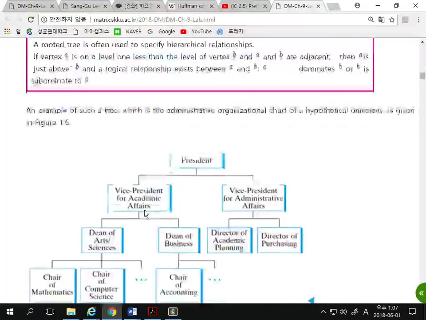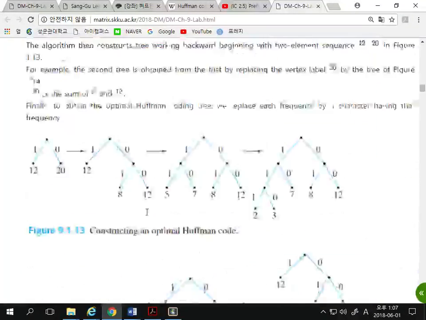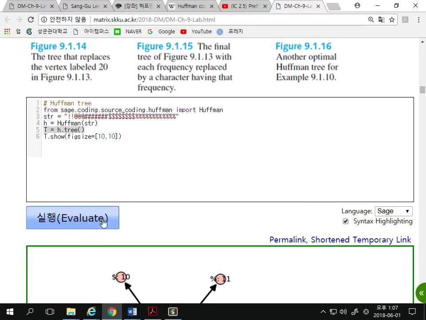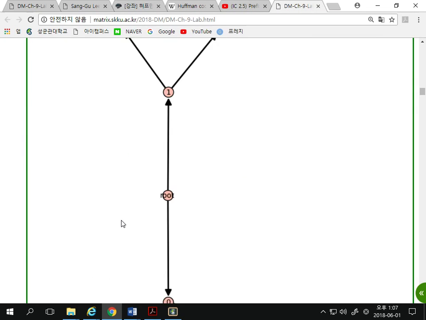And next, I made another code here that shows the Huffman code.